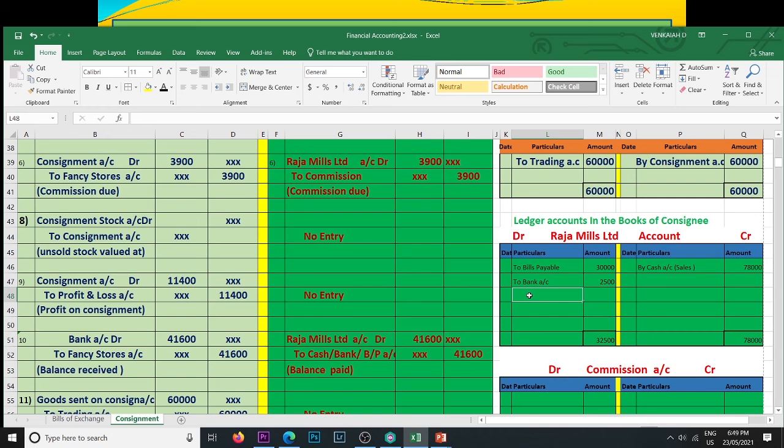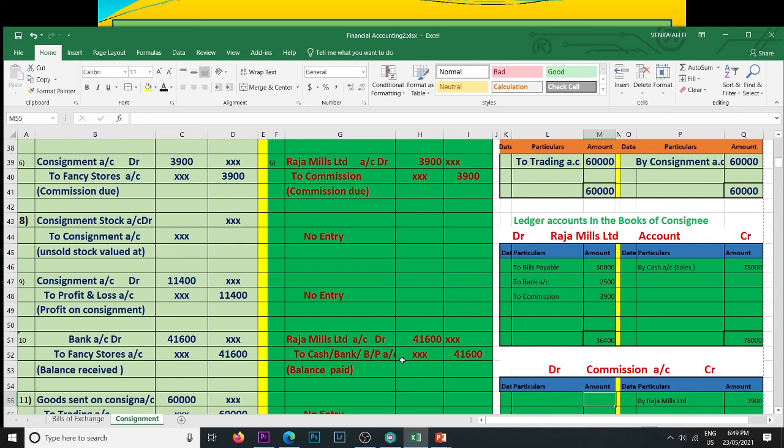To commission account. Amount is 3,900. And in the commission account also, we have by Raja Mills Limited. Amount is 3,900.